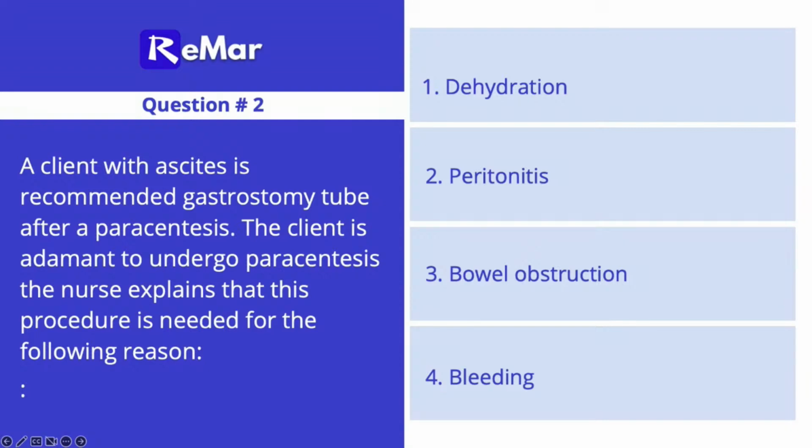Okay. So we are talking next gen here because the focus is more on a clinical understanding in real life. Current NCLEX questions would have said, what is ascites? What is a paracentesis? Why does a patient need a paracentesis?